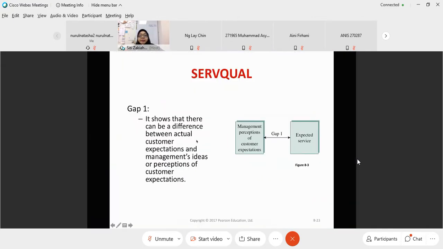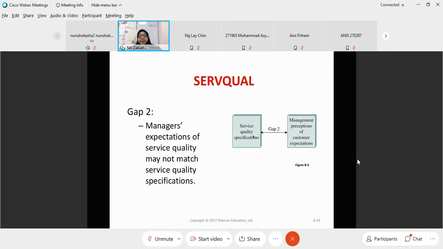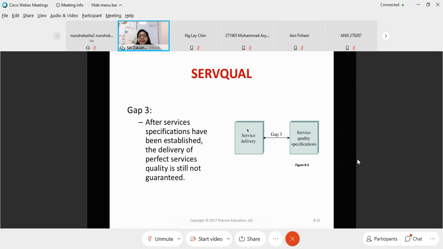Okay, gap 1 shows the difference between actual customer expectation and management's perception of customer expectation. This is what the customer expects, but this is what management thought the customer expects. Gap 2 is management's perception of customers' expectation versus the service quality specification, what the company has specified, the level of quality.